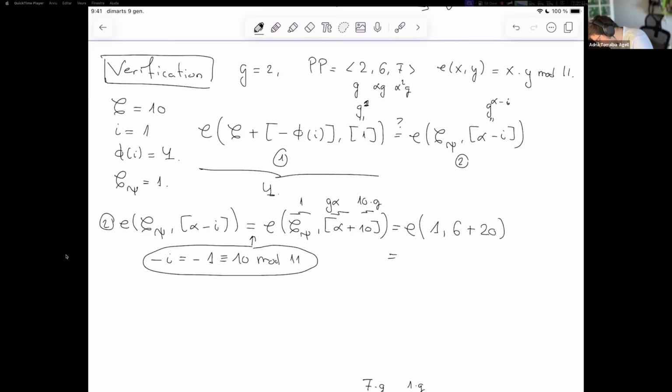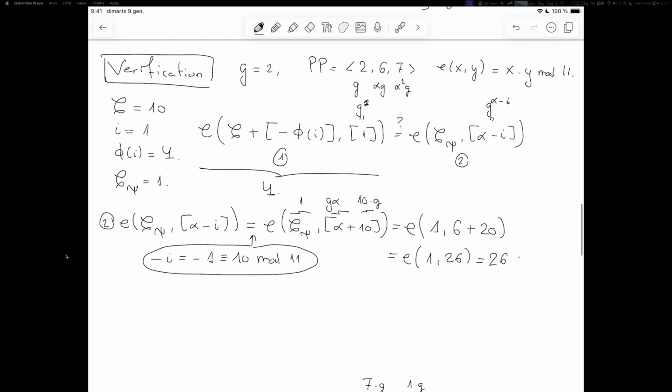And this is 1, 6 plus 20 is 26. And by the definition of the pairing, E of x, y is x times y. So what is this result? 26 mod 11, which is 4.